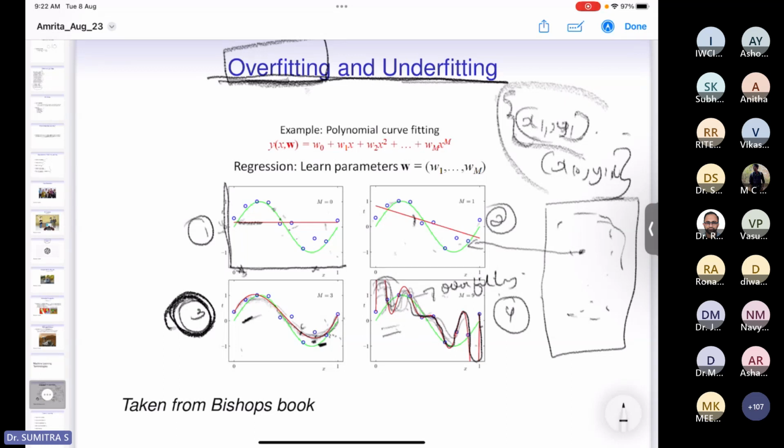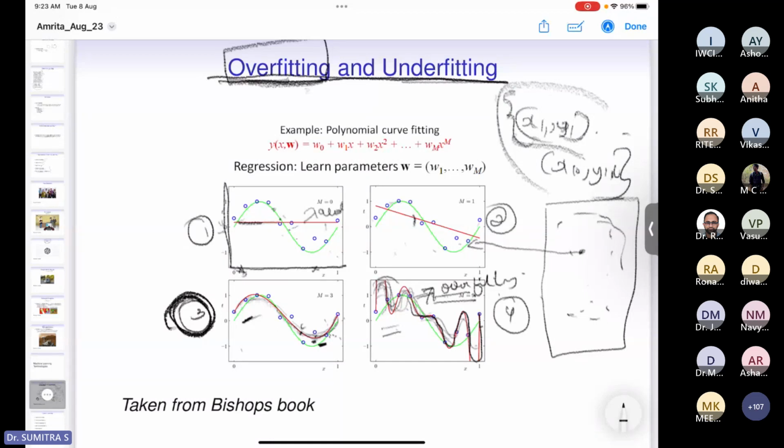So instead of these 10 data, if we choose another 10 data and develop a model, if it is a good one, the function we are obtaining should not change much, right? So this is the case of overfitting, and this is the case of underfitting.